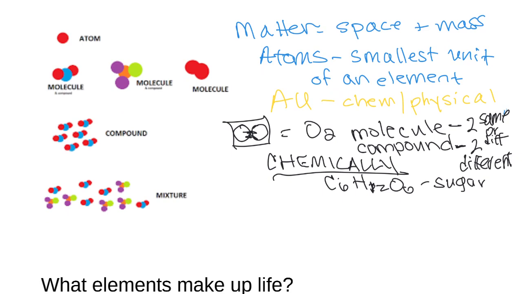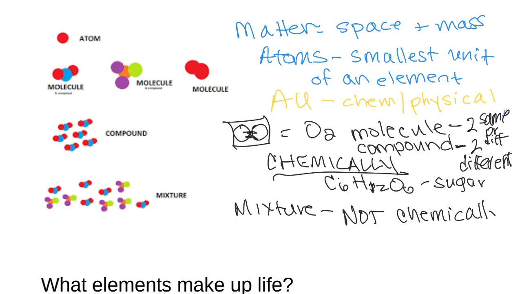Now, how does that differ from a mixture? Well, a mixture is when I have a bunch of molecules, compounds, atoms, whatever you want to talk about, mixed together, but not chemically mixed together. So for example, when I dissolve salt into water, right? So those are dissolved together.